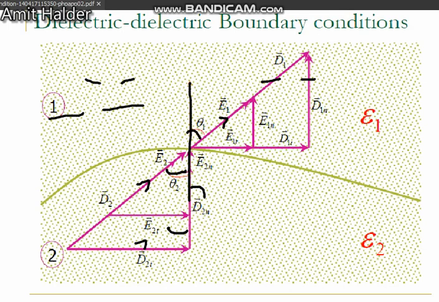So here you can see E2t and E1t. E1t is in the sinusoidal part, so E1t sin theta 1 and E2t is also sin theta 2.